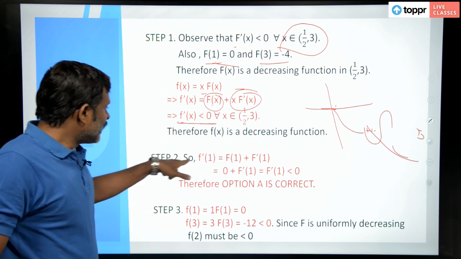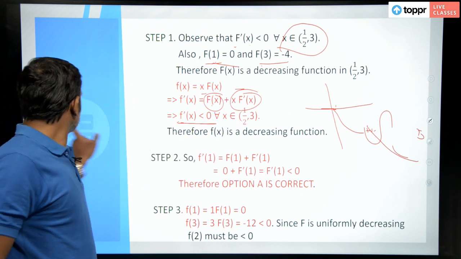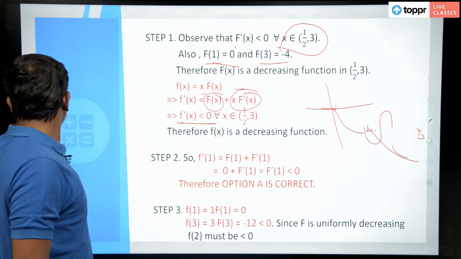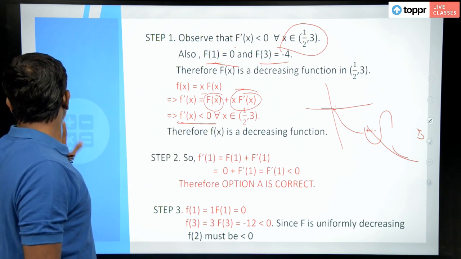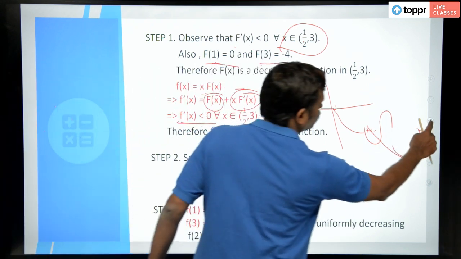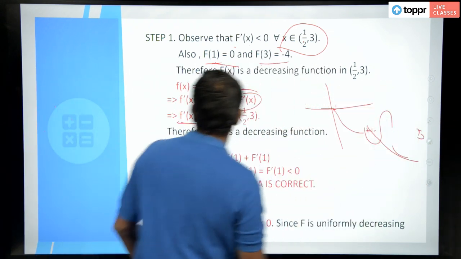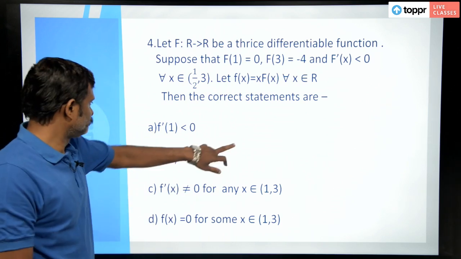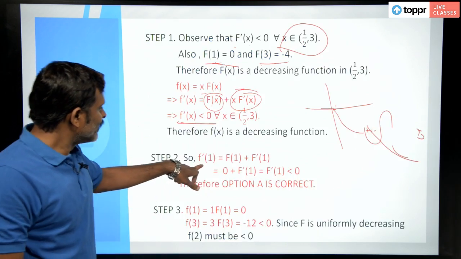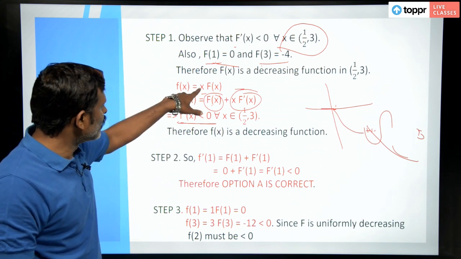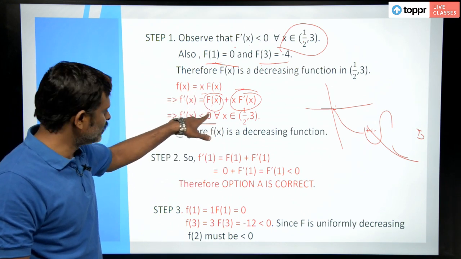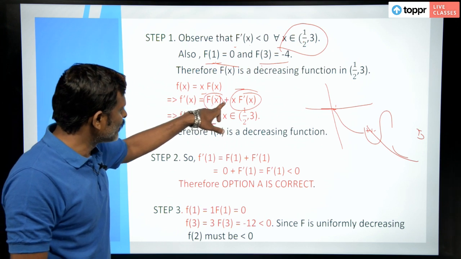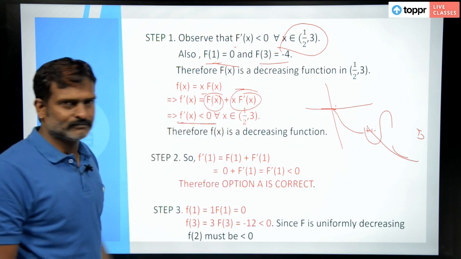Next, f dash of 1. So, what are we supposed to find here? We have to find f dash of 1. For that, f dash of 1 will be equal to what? If I substitute, 1 times f of 1 plus 1 times f dash of 1.